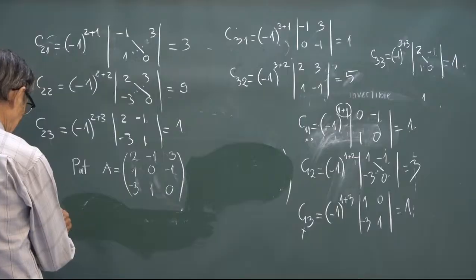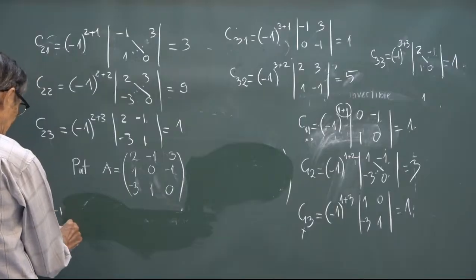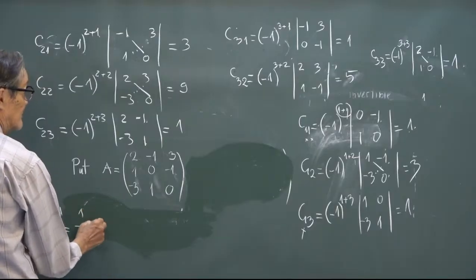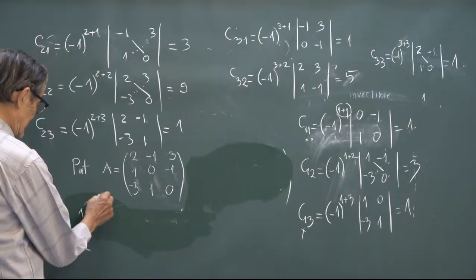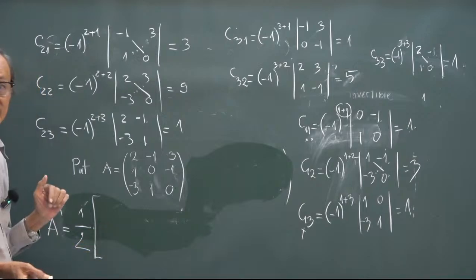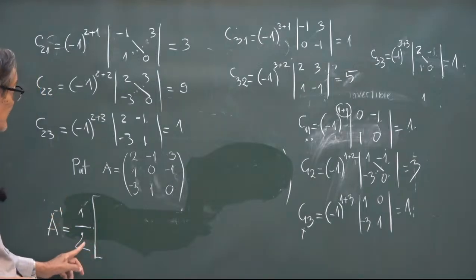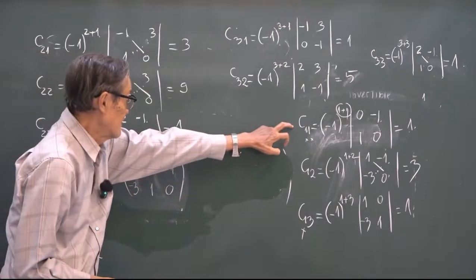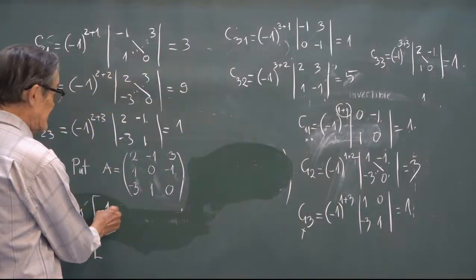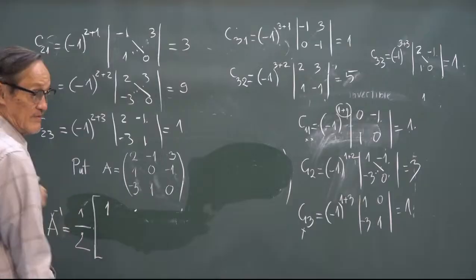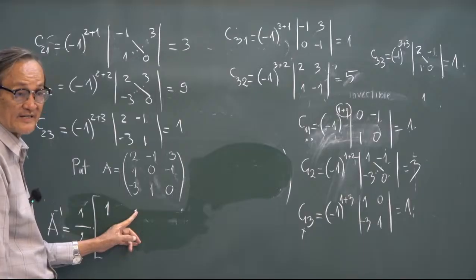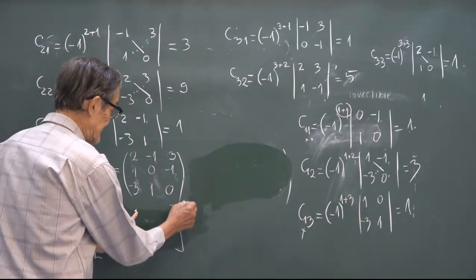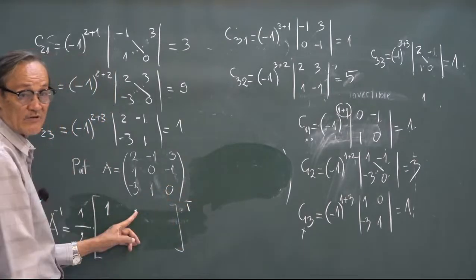So we have the inverse of A, 1 over the determinant of A, 2. Okay, the determinant of A is non-zero. C11, C12, instead of writing in this position, we have the transpose.